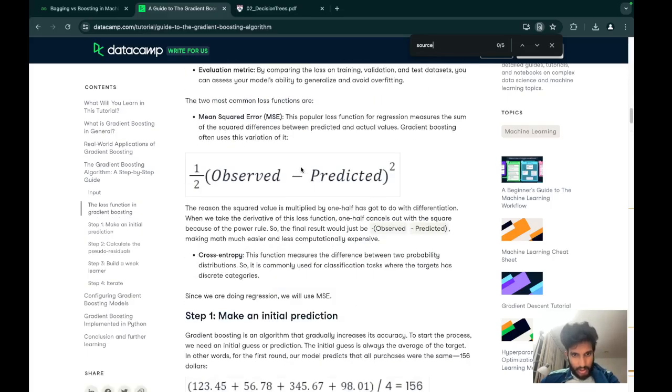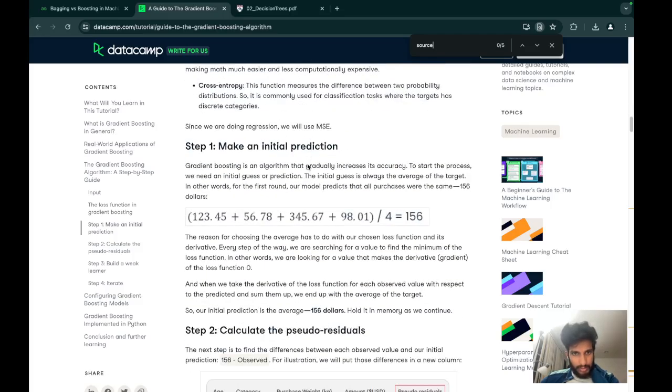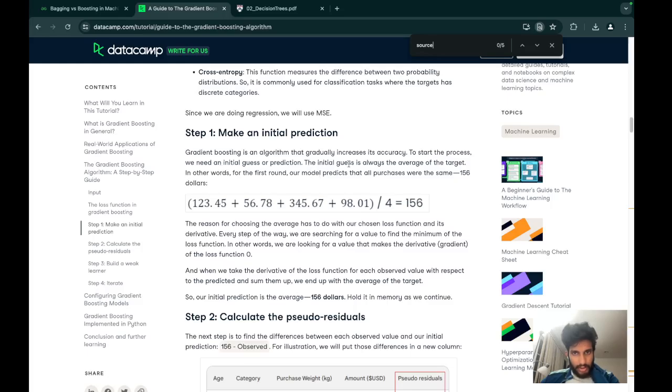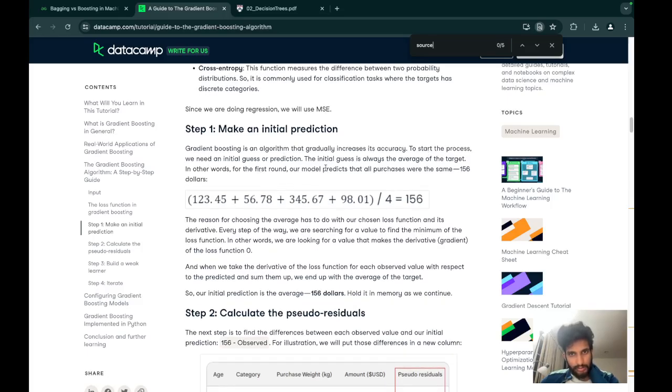Okay, we got a loss function which is half mean squared or cross entropy, make an initial prediction. It gradually increases accuracy. So to start the process, we need an initial guess of prediction. The initial guess is always the average of the target.